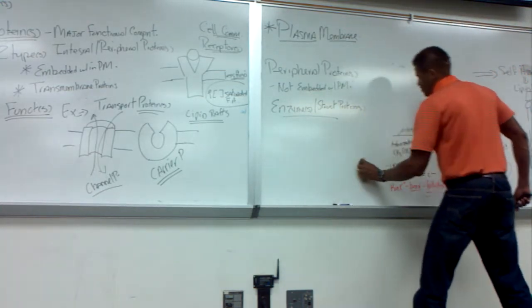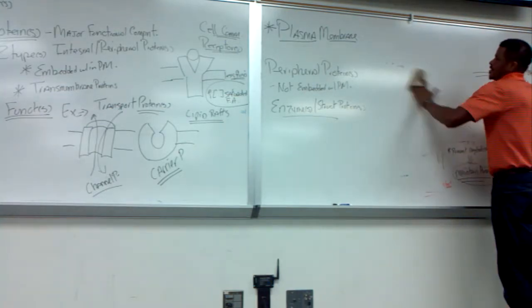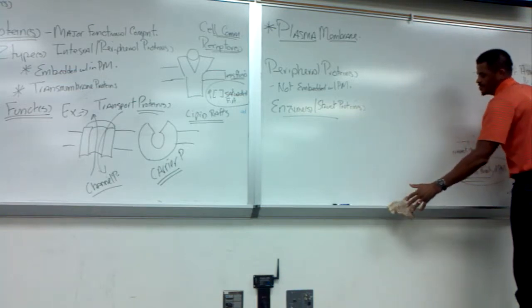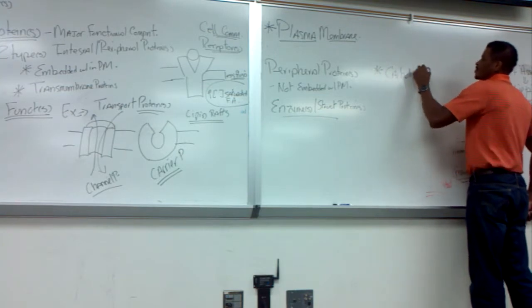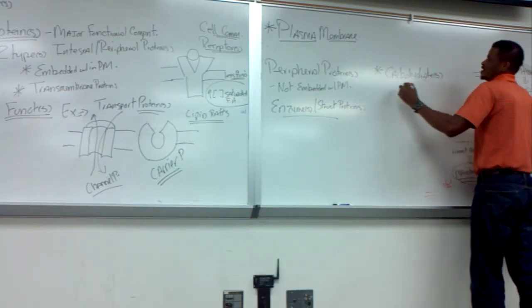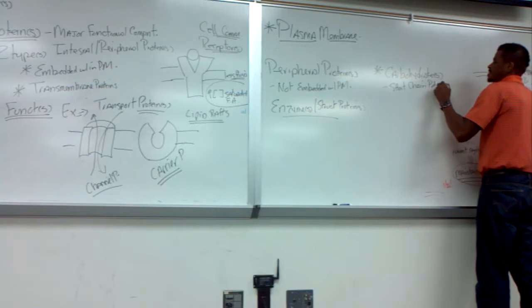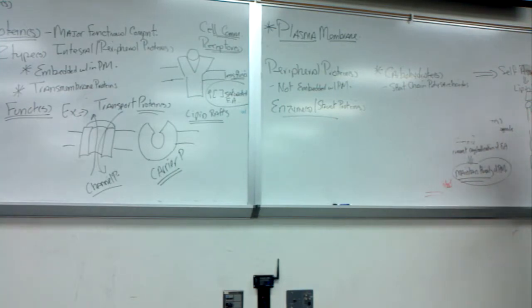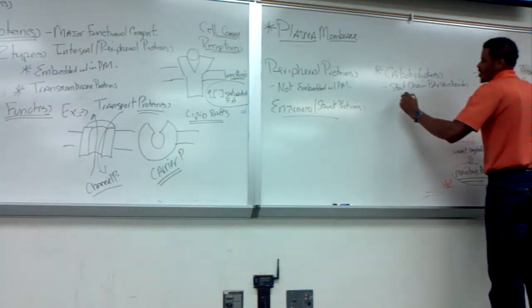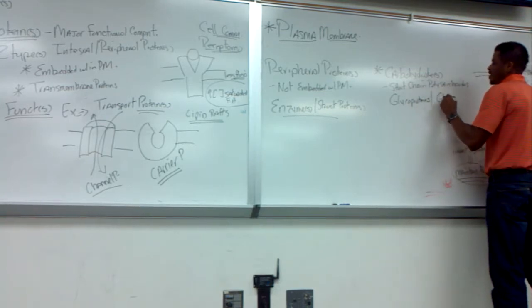And then the last component will be our carbohydrates. These are not carbohydrates involved in energy to the cell, but we have our carbohydrates. These are short chain polysaccharides that will complex with a protein or a lipid associated with the plasma membrane to form our glycoproteins and the glycolipids.